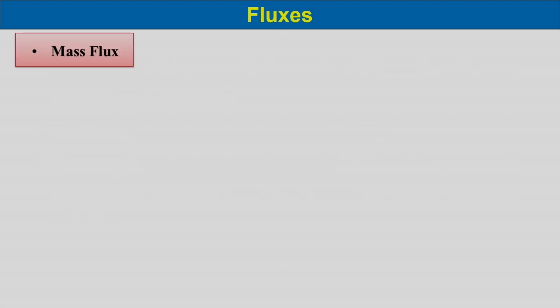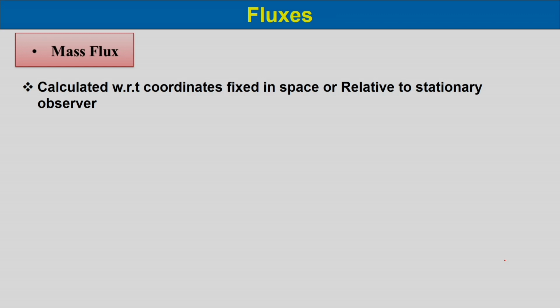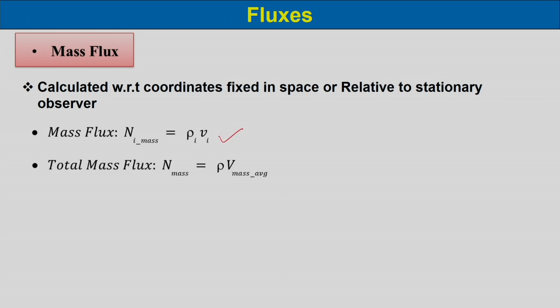Let us consider mass flux. It can be calculated with respect to the coordinates fixed in space, or relative to a stationary observer. Mass flux is defined by N_i mass = rho_i v_i. So, total mass flux can be calculated as N mass = rho times v mass average.